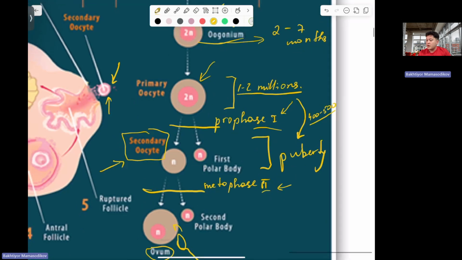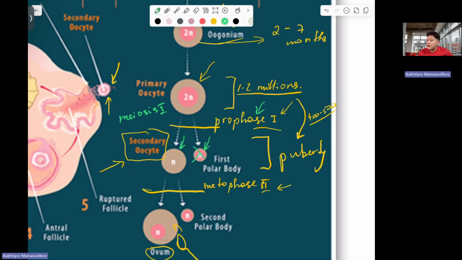This is important. As you can see, the primary oocyte is undergoing meiosis 1 and is stuck in the process called prophase 1. The primary oocyte forms one secondary oocyte and another polar body.